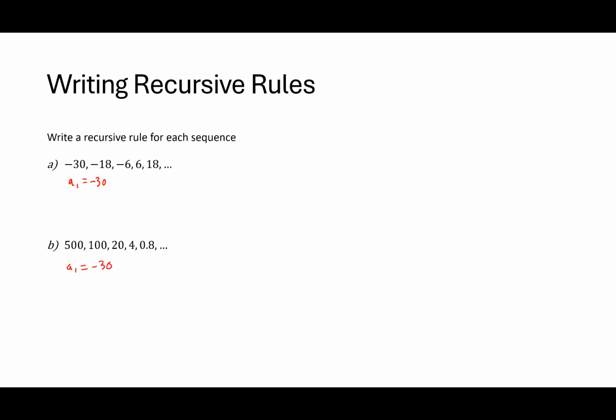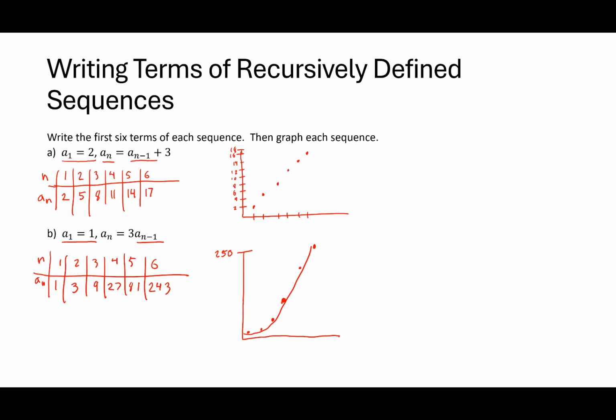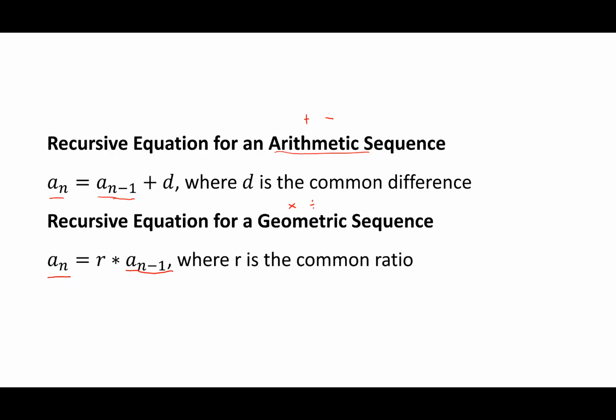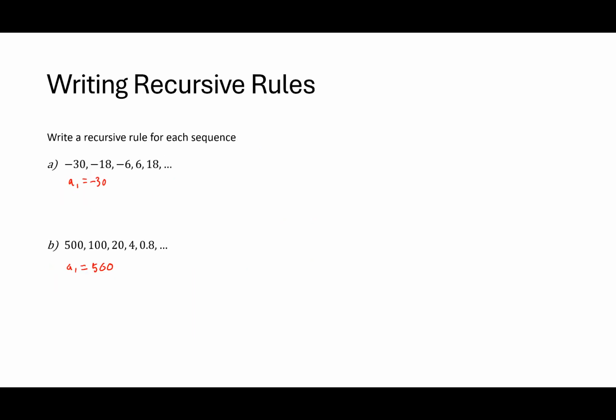And the first term of the second one was 500. Now, there is a difference between arithmetic and geometric, depending on whether or not I'm adding a common difference or I'm multiplying by a common ratio. So we got to figure out what do we have.